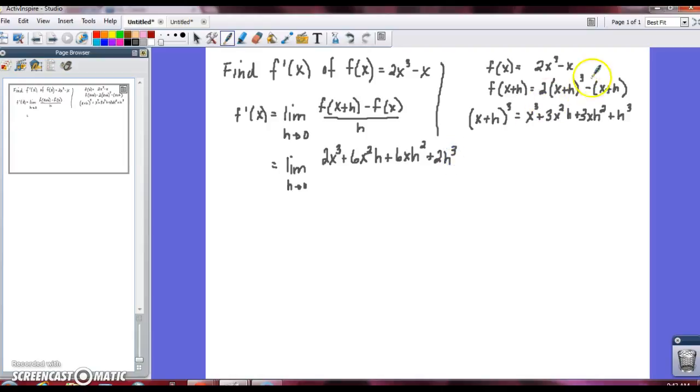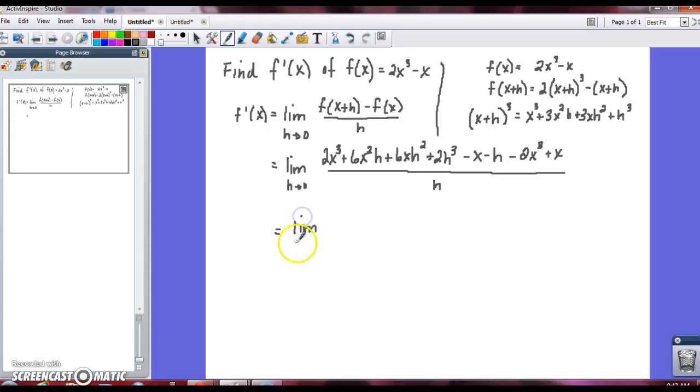So that's this first part, minus x minus h. Okay, so that takes care of the f of x plus h, and now I have to do minus f of x. So minus f of x would be minus 2x cubed minus x in parentheses. So if I distribute that negative, I get minus 2x cubed plus x. Okay, I was just trying to combine a couple of steps into one. Those are just the basic rules of algebra that I applied right there.